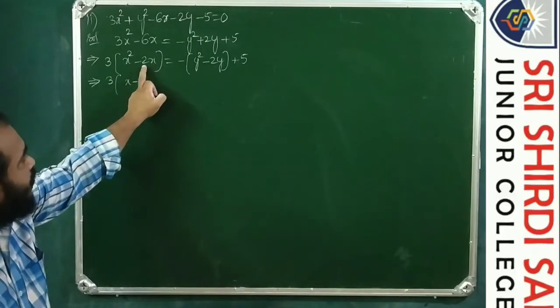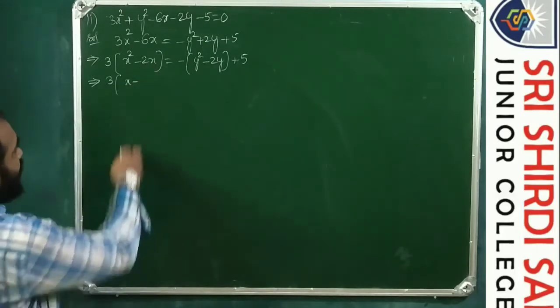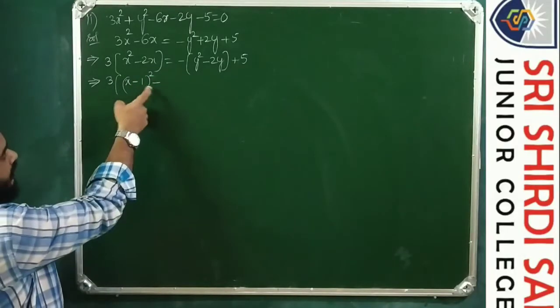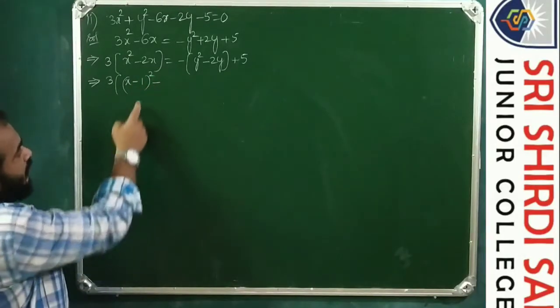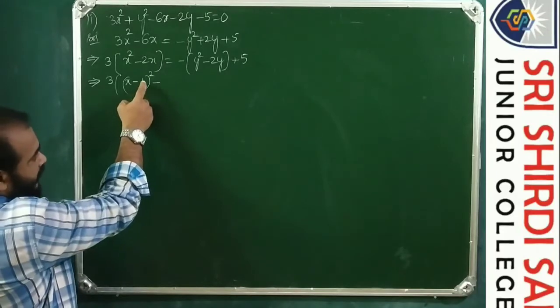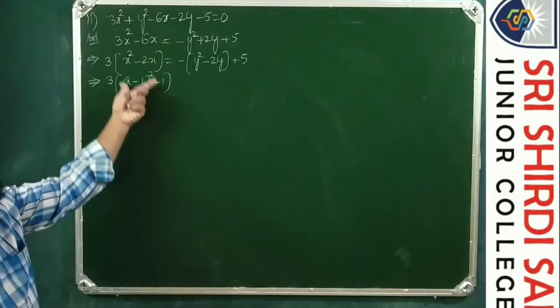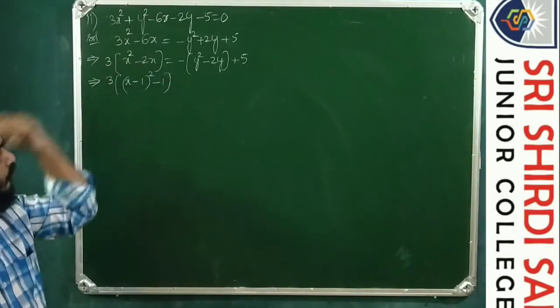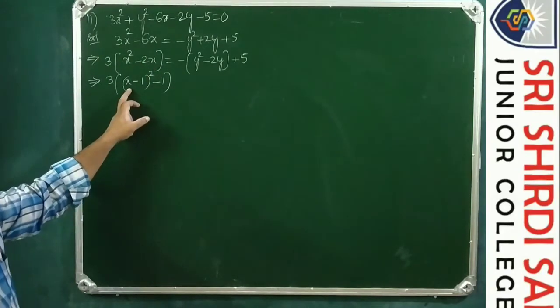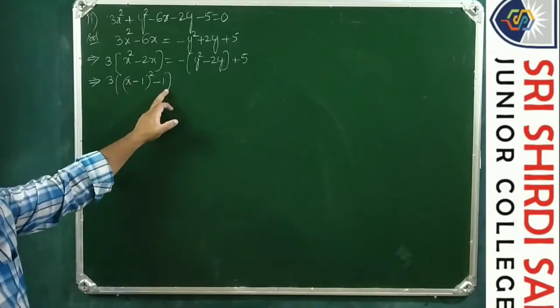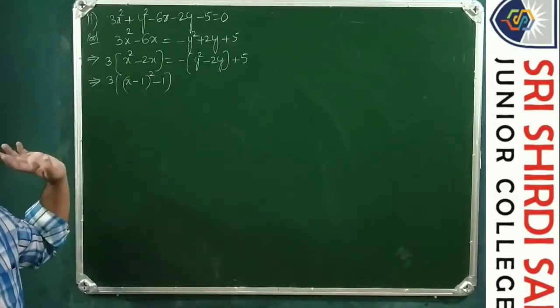Now the coefficient of x is 2, half of it is 1, complete the square, minus 1, and its square is 1. You may even check it: x square plus 1 minus 2x minus 1. Plus 1 minus 1 gets cancelled, and we are left with this.